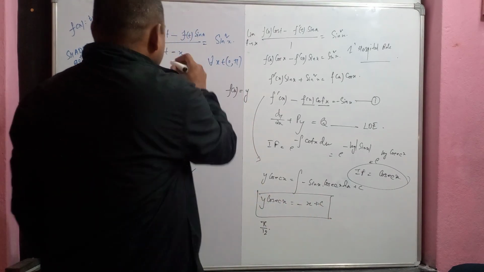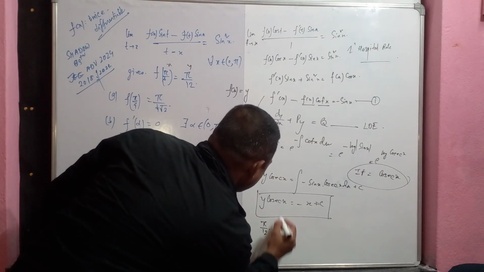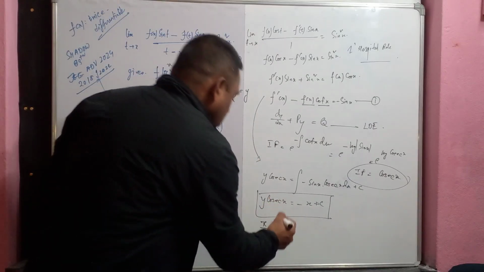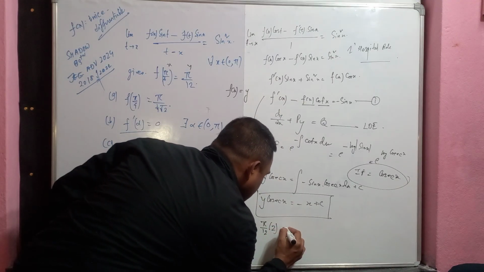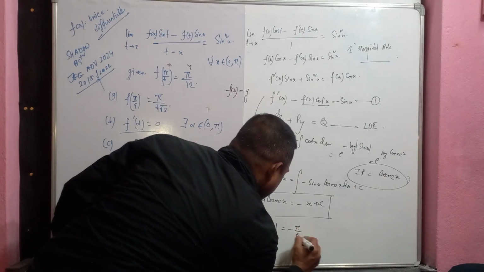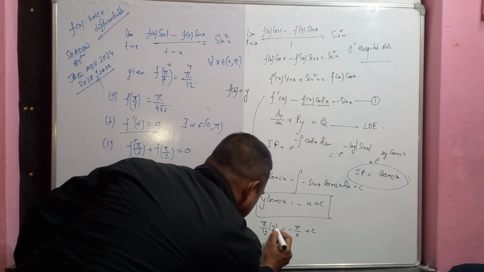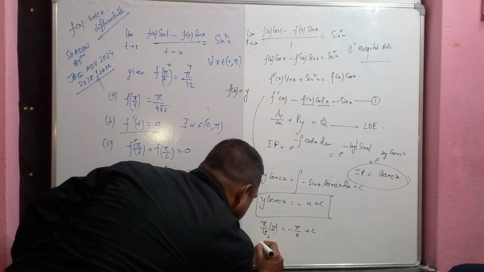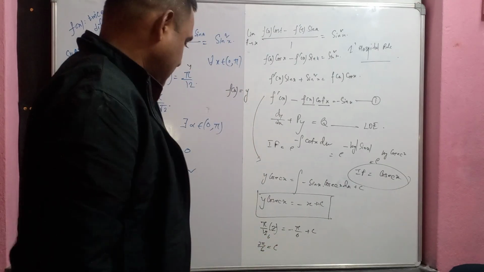Substitute: this is your x, this is your y. π/12 times cosec π/6, that is sin π/6 is half, so 2, is equal to minus π/6 plus c. So c is 2π/6 plus π/6, that is π/3.